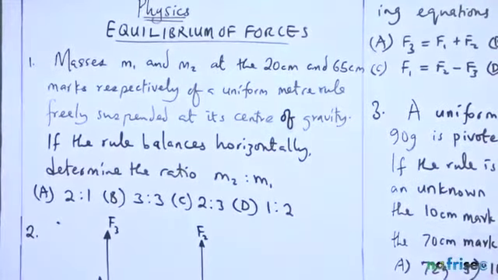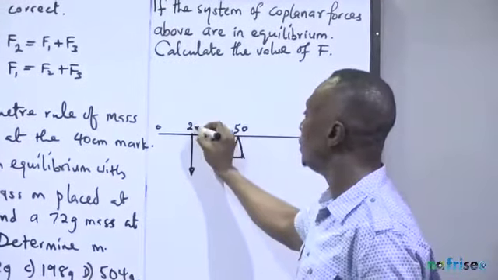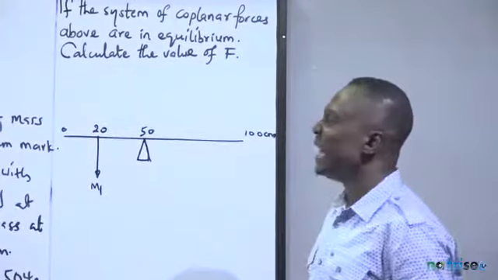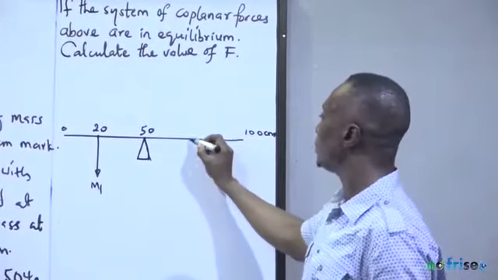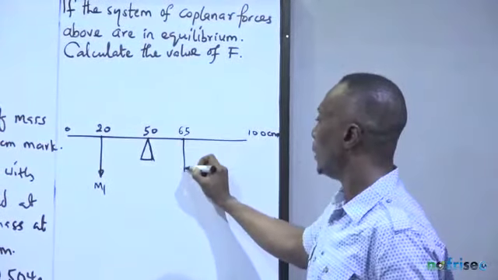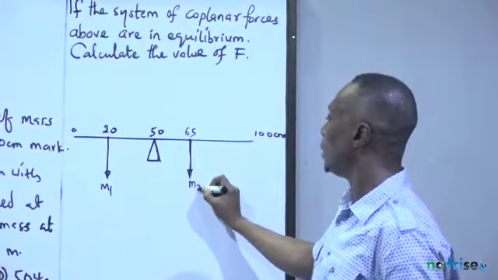So M1 is at the 20 centimeter mark, on this side of the meter rule. Then M2 will be on the 65 centimeter mark, that's after 50. We have our M2 here.